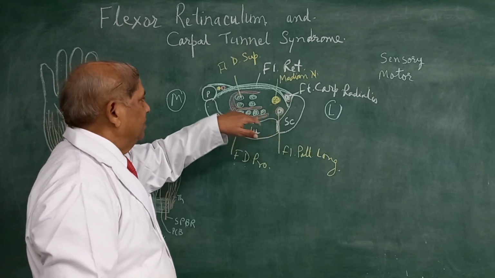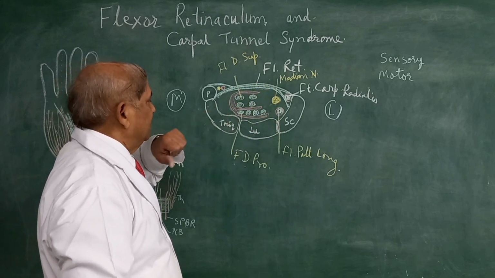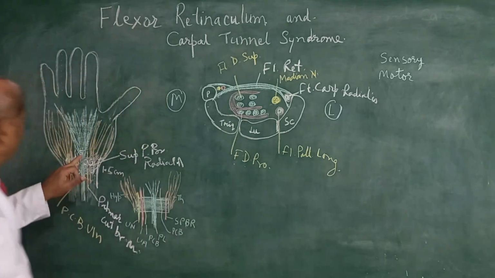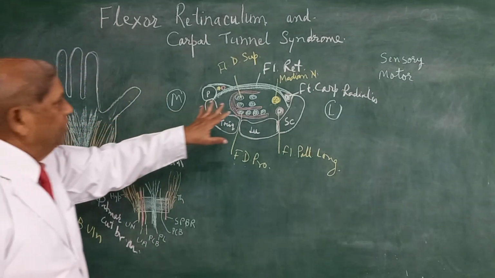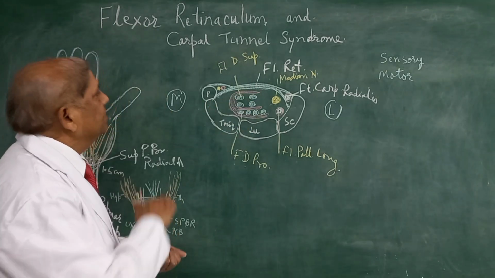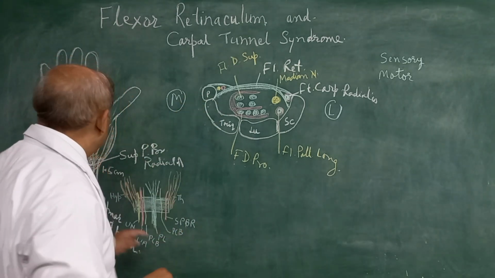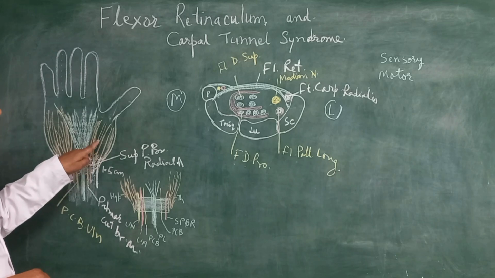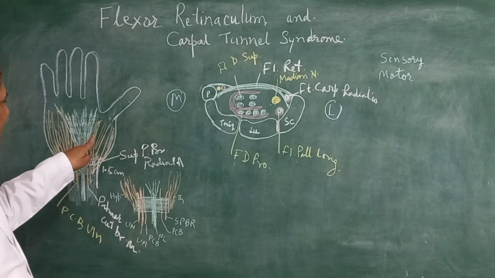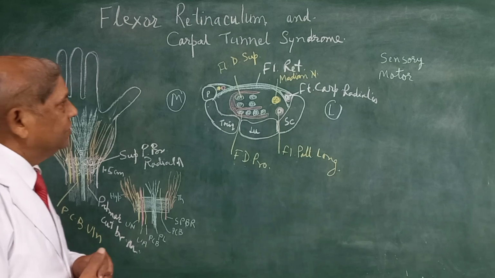And this median nerve, as it goes deep to the flexor retinaculum, at the distal border will divide into terminal branches, cutaneous branches, and one more branch which is recurrent and will go to the muscles of the thenar eminence, which supply the three muscles that move the thumb.